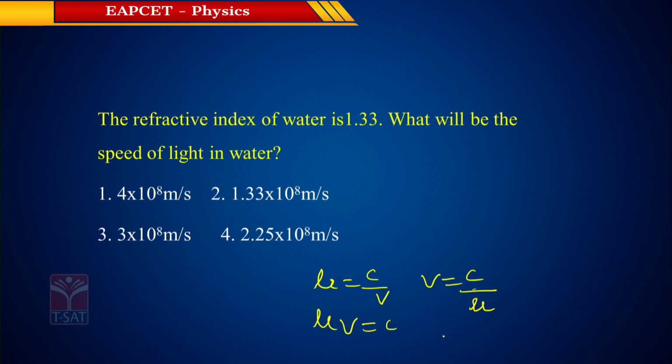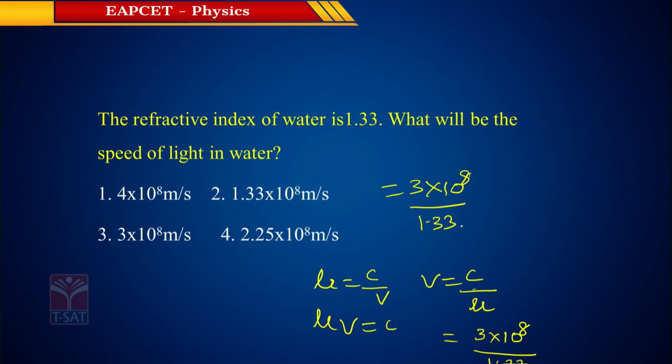Here you know the velocity of light, 3 into 10 to the power 8, by the refractive index value 1.33.